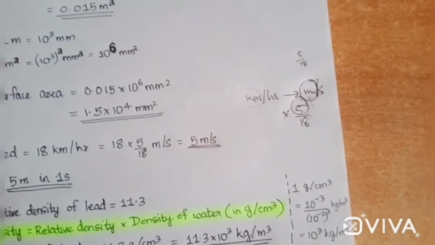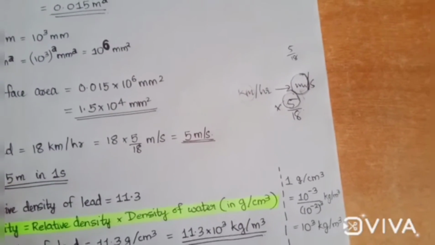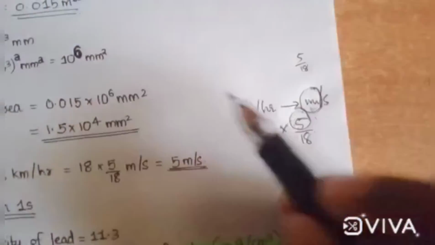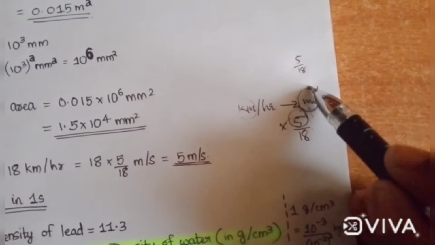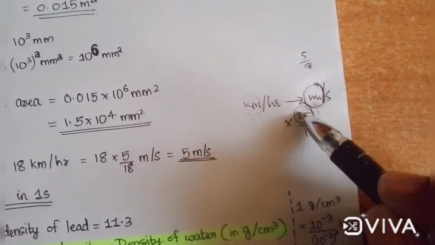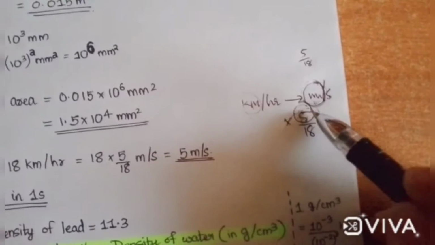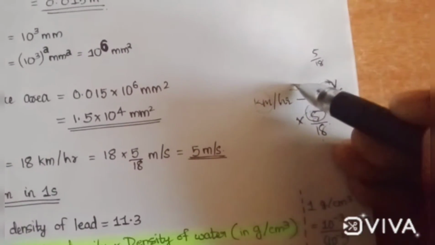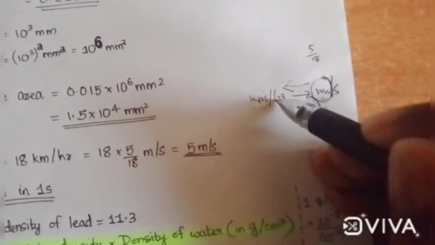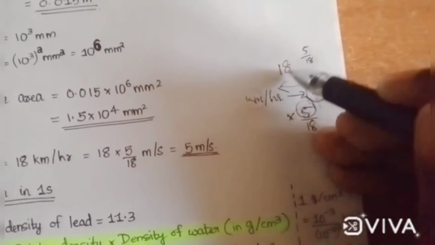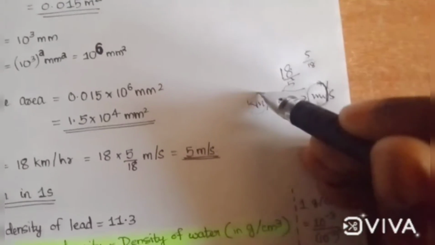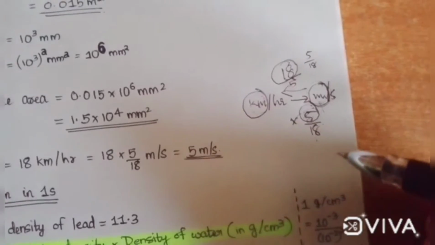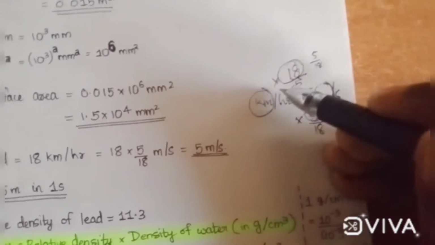But we all get confused for which conversion these should be multiplied. So the easiest method is to convert in the smaller unit: we have to multiply the smaller number as the numerator, 5 by 18. If this is the conversion, that is meter per second to kilometer per hour, then 18 by 5, we have to convert into a larger unit. So the larger number will be on the numerator. This is the method.